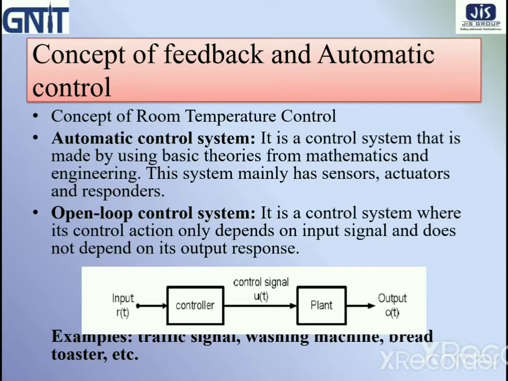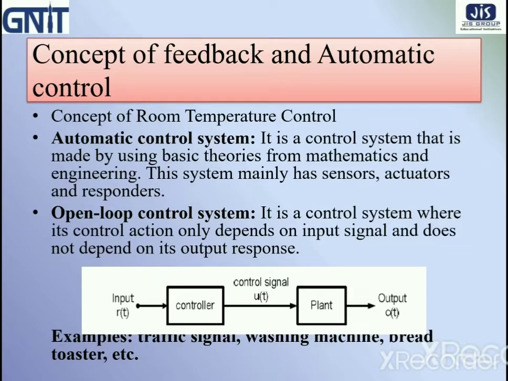Just see the figure which is shown here. The input is RT, and the controller means here the heater. Here the heater is the controller that controls the room temperature, and next is the plant. Plant is basically the room, the room whose temperature we want to control. So the controller means the heater.